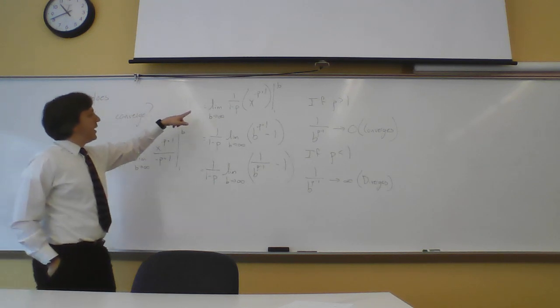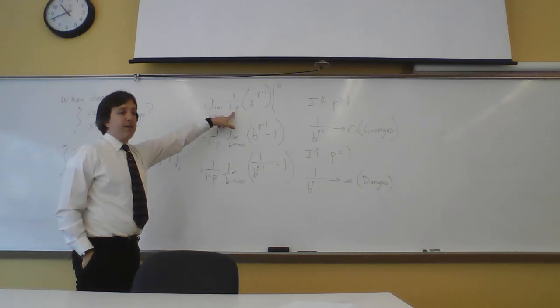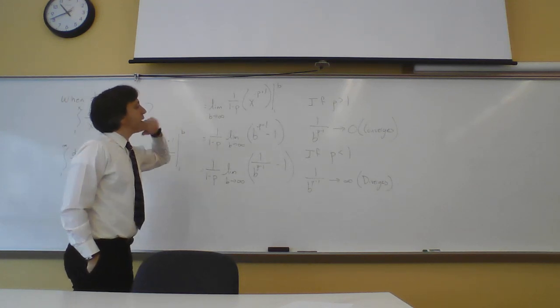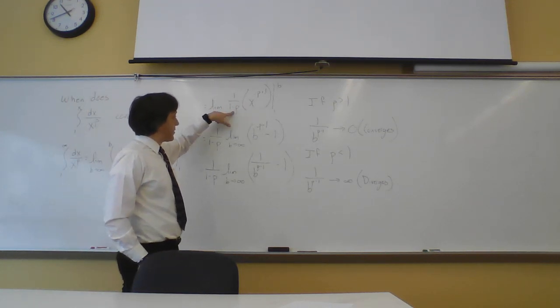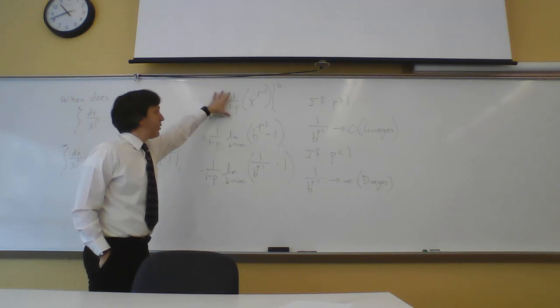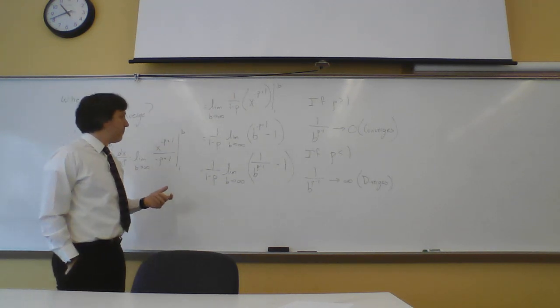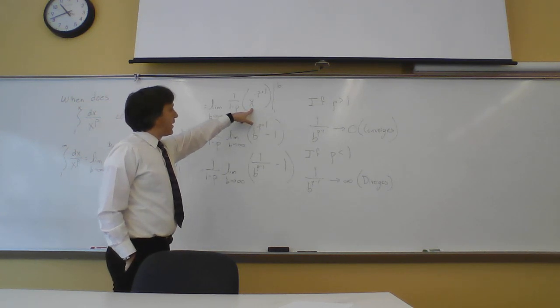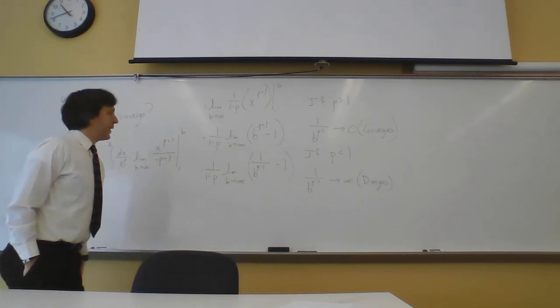Cleaning that up a little bit, I pulled out the denominator. I pulled out that denominator because really all I'm interested in, this is just a constant. Whatever p is, 1 over 1 minus that is just going to be a number. So I'm really looking at this x to the negative p plus 1 evaluated from 1 to b.